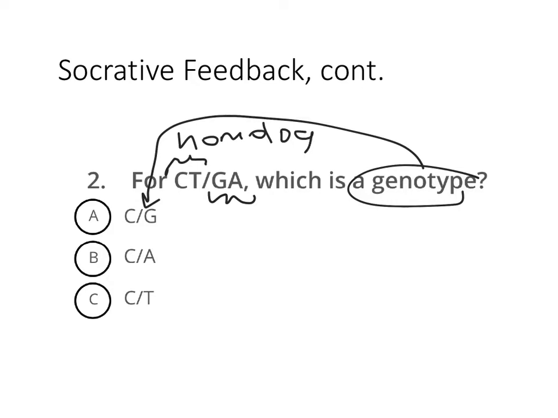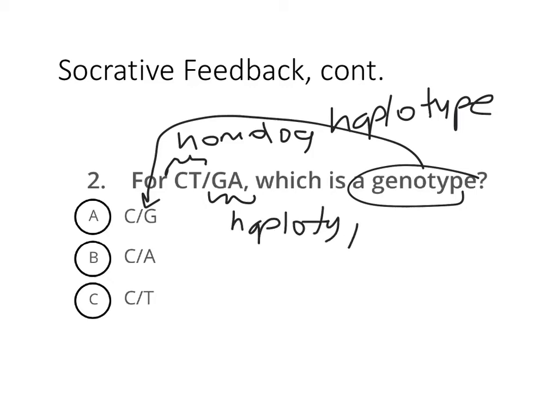So you've got one homologous haplotype, CT, together on the left, and the other homologous haplotype, GA, on the right. So what's the genotype? What's a genotype from this nomenclature, CT/GA? CG.